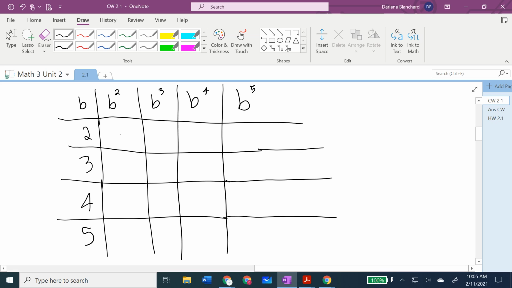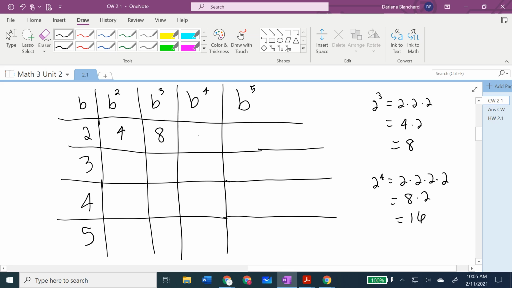2 squared is 4. If you multiply 2 another time, 2 cubed is 8. Let me just make sure you're clear. And then 2 to the 4th is, we can take what we already have with 2 cubed and multiply by 2 one more time to get 16.